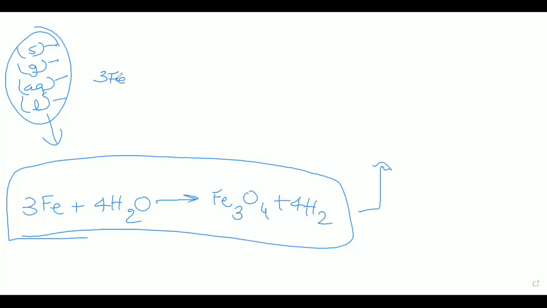So we can write 3Fe. Fe, that is iron, is of course solid. 4H2O: H2O is water, so it will be liquid.